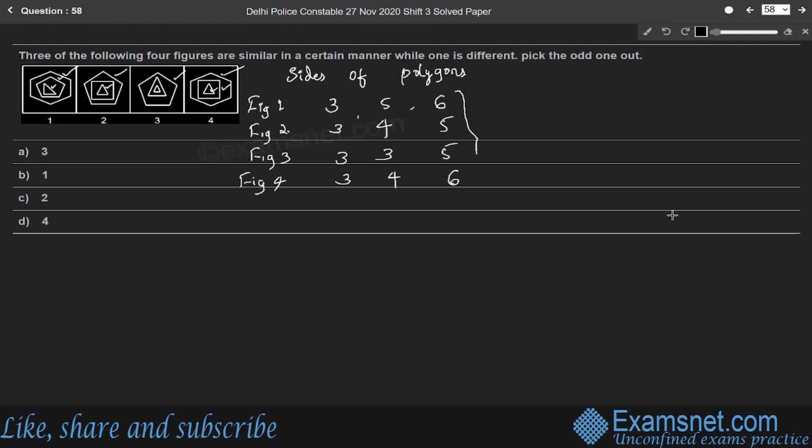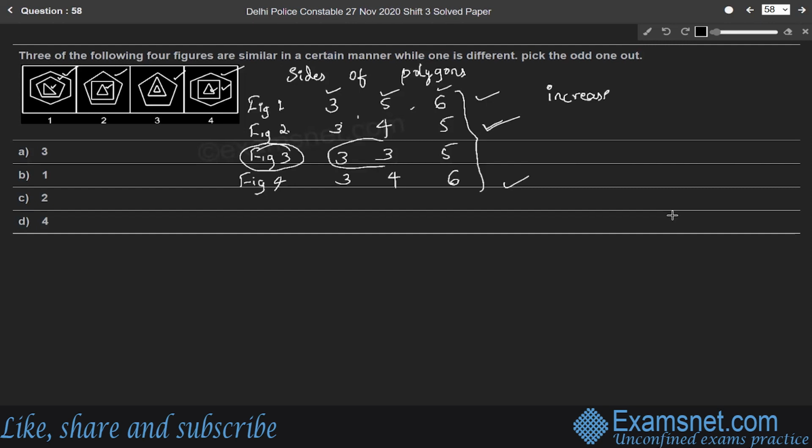So in these figures, except figure 3, in all the 3 cases, the sides of polygons are increasing, right? So in first figure, it was 3, then 5, then 6. 3, 4, 5 in the next figure. In the last figure, it is 3, 4 and 6.